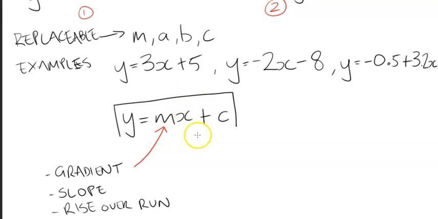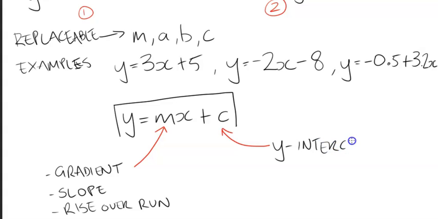It could either slope really high from left to right, or slope really low from left to right, or it could be a negative slope if it's a negative number. The second thing here, this c, is considered your y-intercept.